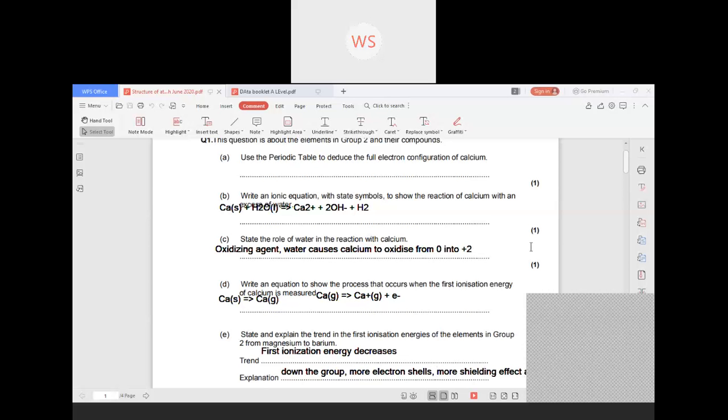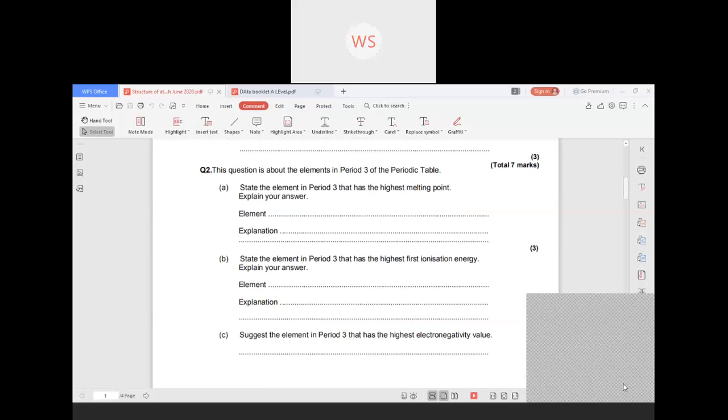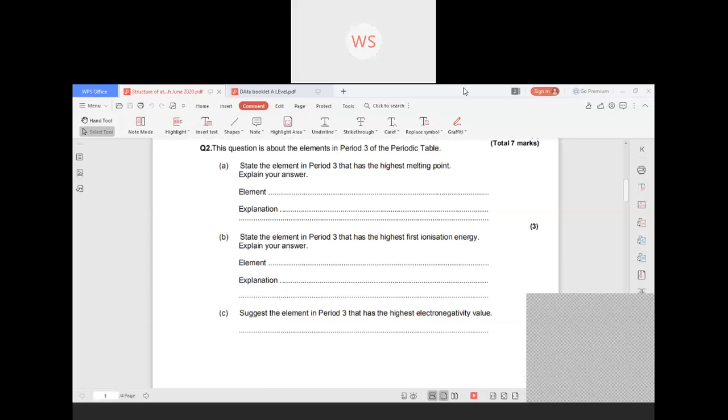Okay, now let's continue to the next number. The question here is about period 3 of the periodic table. State the element in period 3 that has the highest melting point.